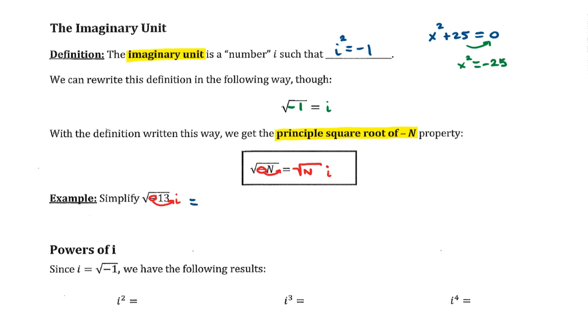The square root of -13 can be rewritten as the square root of 13 i. Now, some authors like to put the i in front of the square root so that it doesn't look like it's inside the square root. So another way of writing this answer is i times the square root of 13.